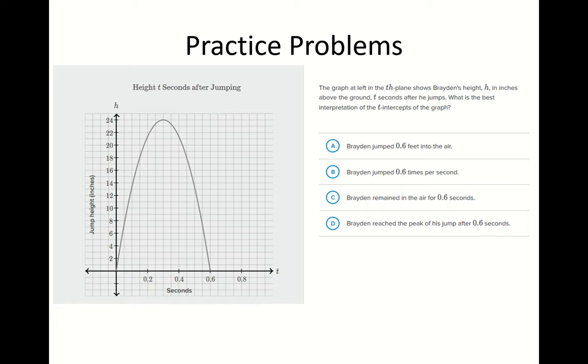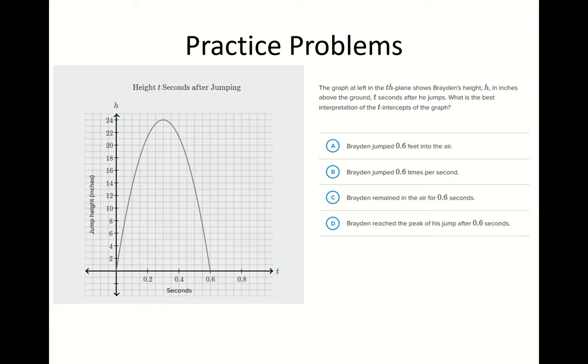So you can eliminate it that way, or you can also say that the 0.6 times per second is not something that is talked about in the graph. But regardless, he's definitely jumped more than 0.6 times because he's had a whole jump in less than 1 second.